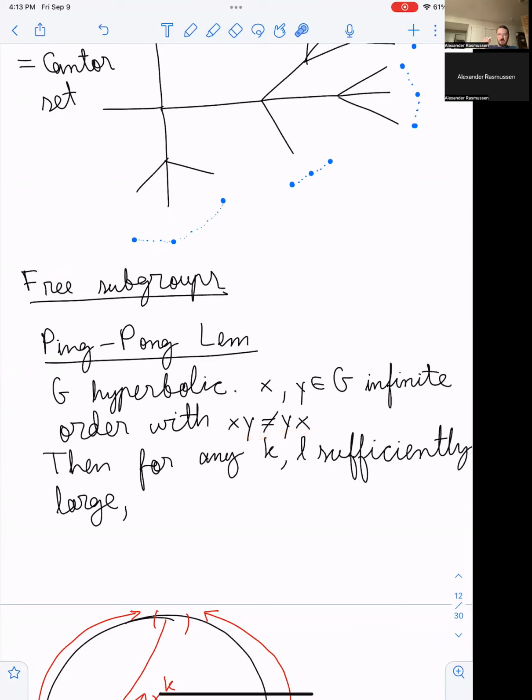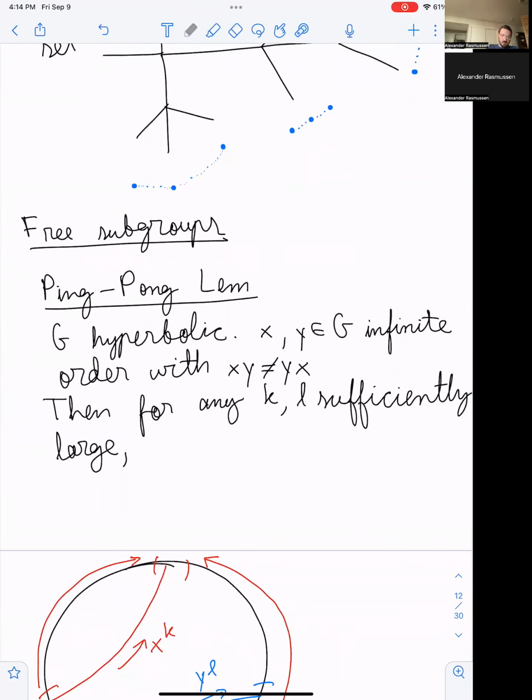Then we're going to raise these elements to certain powers and look at the subgroup that they generate. So we look at, say, the subgroup generated by X to the K and Y to the L. And this turns out to be the free group on these 2 generators, as long as K and L are sufficiently large.